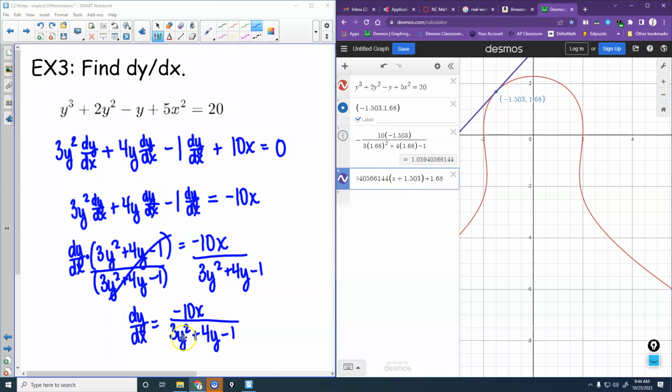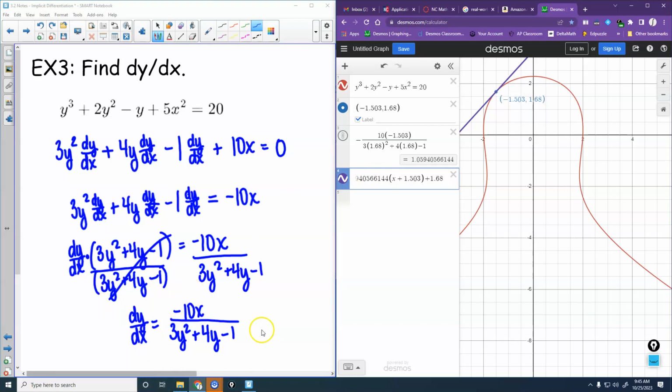So what this does is it'll find the slope at any point, but you got to plug an x and a y into that equation, right? So now we'll go through how to do all that tangent line stuff step by step. It wasn't asking us for that now, but I could do this at any point on that graph, right?